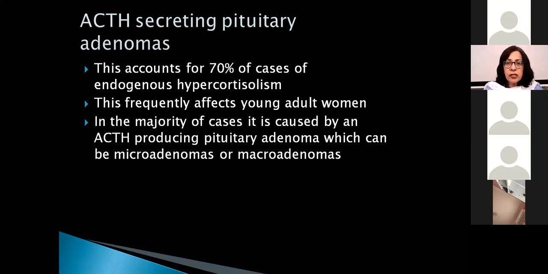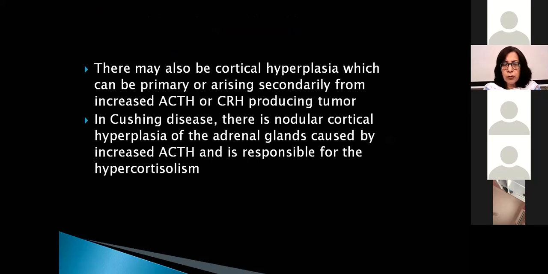Majority of cases are caused by an ACTH producing pituitary adenoma, which can be a microadenoma or a macroadenoma. Microadenomas are more common, macroadenomas in some cases, and in few cases there can also be cortical hyperplasia, which can be primary or arising secondarily from increased ACTH or CRH producing tumor.